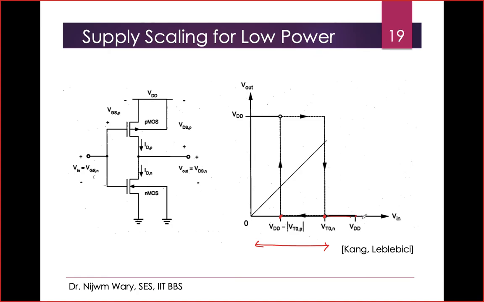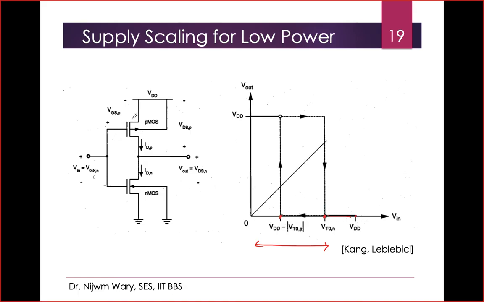Now, whenever it's going in reverse, when the input is going from VDD to 0, for the MOSFET to turn on, it has to come all the way to this point. Otherwise, it will be in the cutoff region.